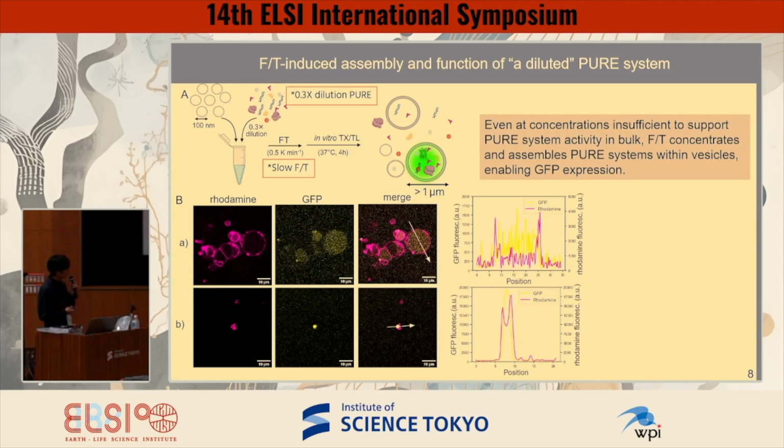However, after the freeze-thaw condition with vesicles, we observed GFP expression inside the vesicles. And some vesicles show very strong GFP signals. So this shows that freeze-thaw concentrates and assembles PURE system within the vesicles, even at a concentration insufficient to support PURE system activities.